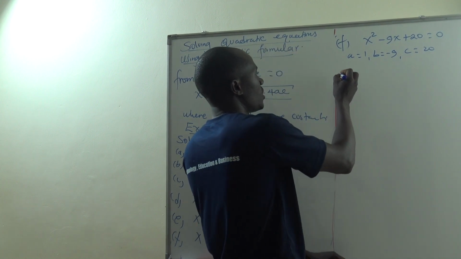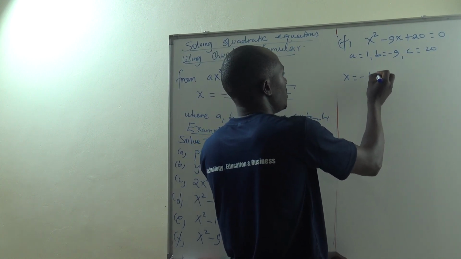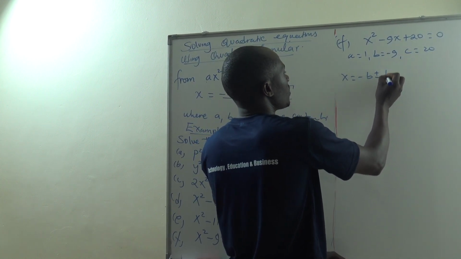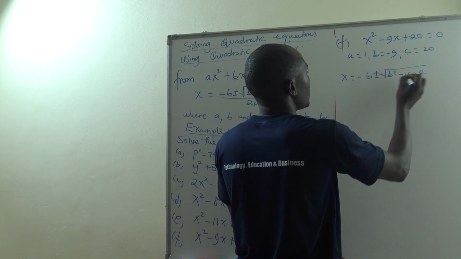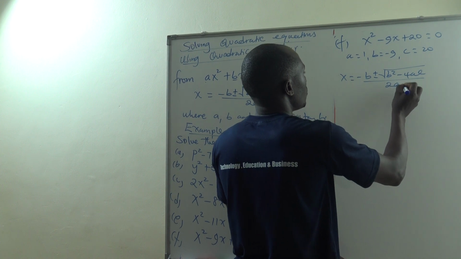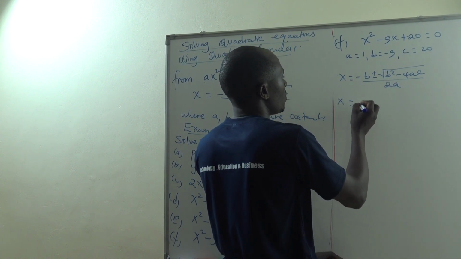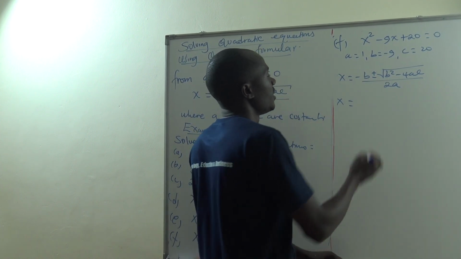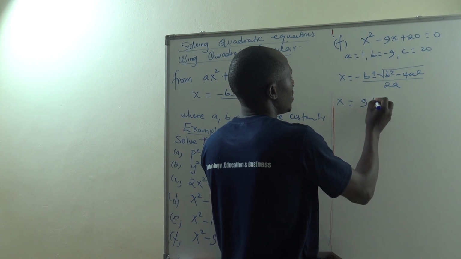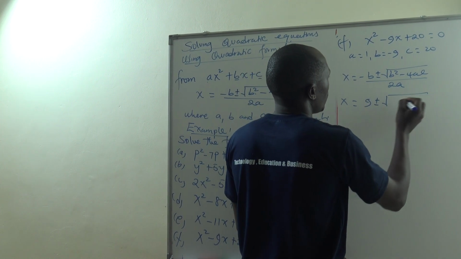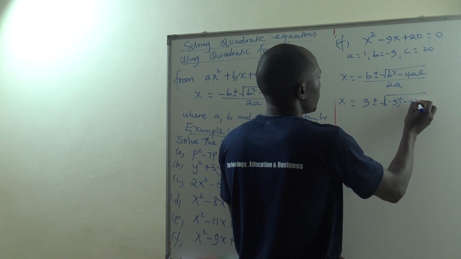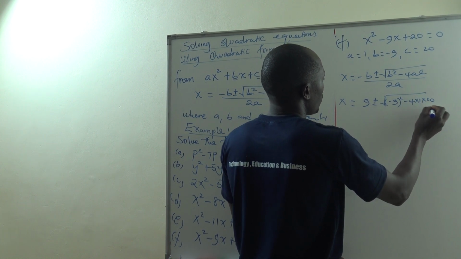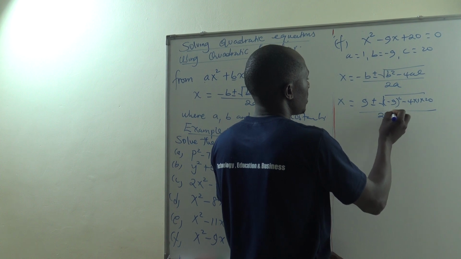So we are going to use x equals negative b plus or minus root of b squared minus 4ac, all over 2a. So x equals, when you substitute, it will become 9 plus or minus root of negative 9 squared minus 4 times 1 times 20, all over 2 times 1.